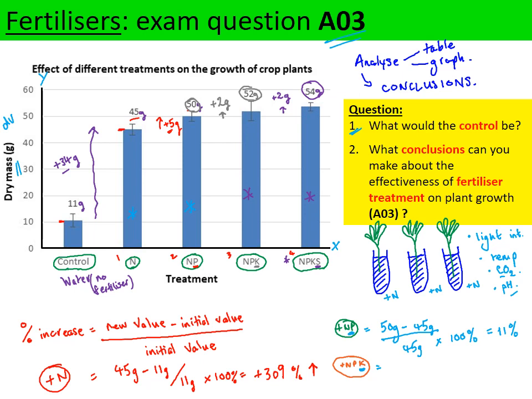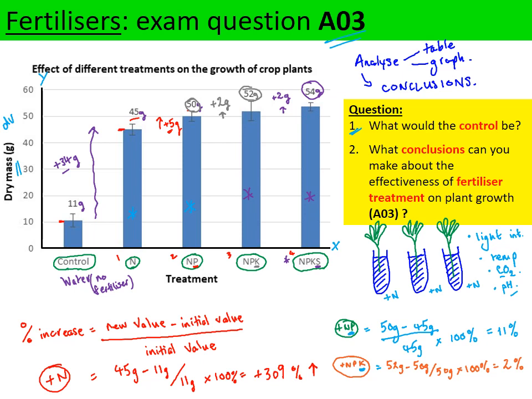So that's going to give us 52 grams as the new value, minus 50 grams, because that's N and P, treatment number 2, divided by 50 grams times 100. If we just do the maths there, it's 2 grams divided by 50 times 100, which is a 2% increase. So the effect of potassium is a 2% increase in dry mass.